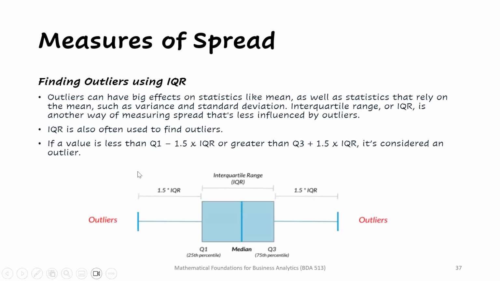Do you understand the Q1 and the Q3, how we calculated it? Yes, sir. Okay. So the Q1 is the first quartile, or the 25th percentile. The median is the Q2, that is the 50th percentile. And then we have the Q3, that is the 75th percentile. Now the interquartile range is the difference between the Q3 and the Q1.